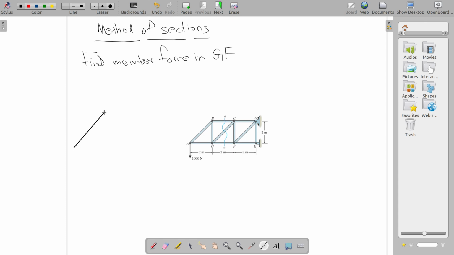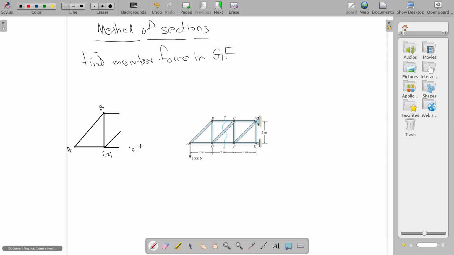So it's cut here. Now you have A, B, C, not C, G, and this is GF, right?